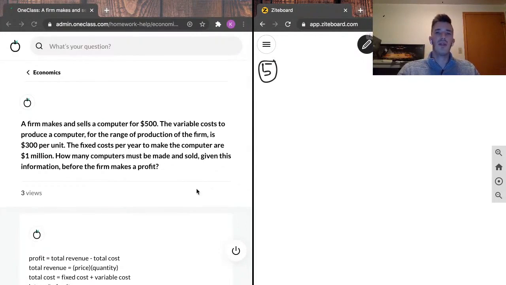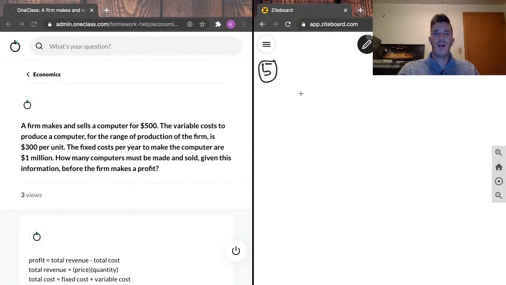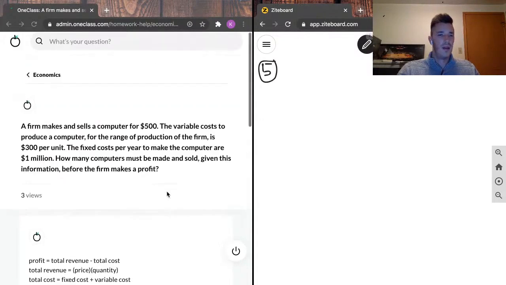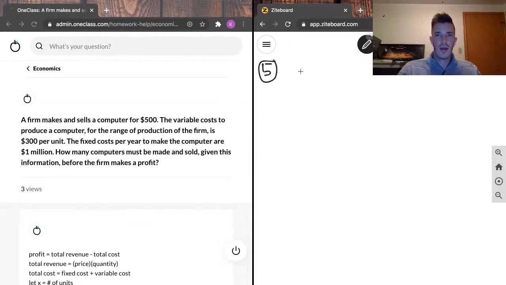So the first thing we want to do here is mark everything we have. I'm going to denote profits with the pi symbol, which is pretty standard in economics. And as we know, profits are composed of the total revenue minus total cost.